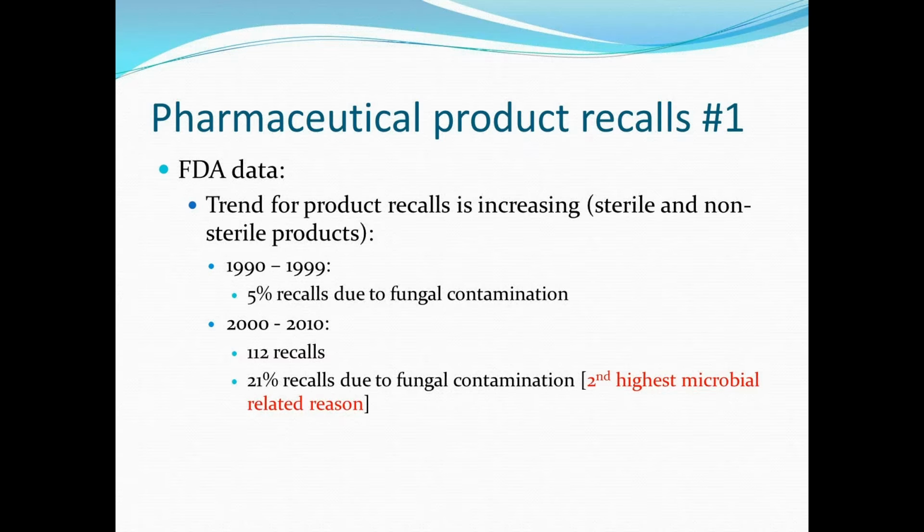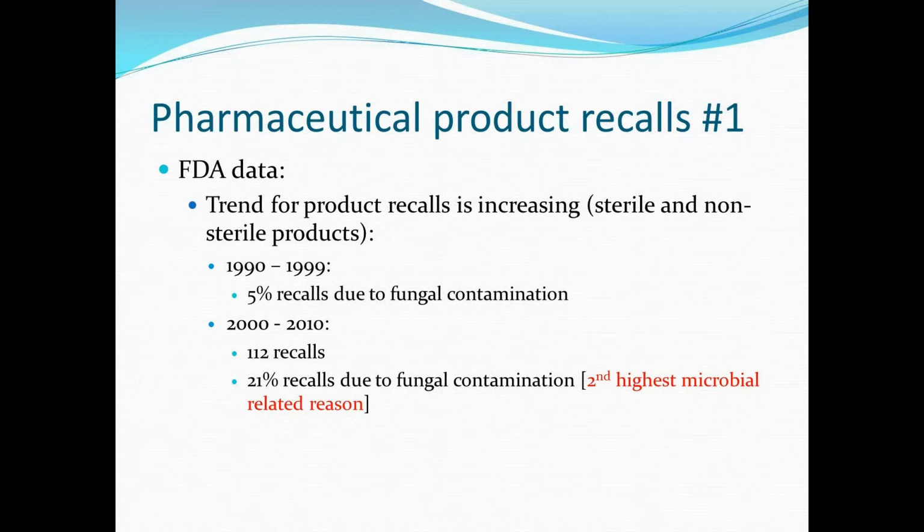So the data that's captured is looking at a 20-year period, and that's divided up into two sections. First section is looking at 1990 to 1999, and the next section is looking at from the year 2000 up to 2010. And what this data is telling us is that the number of recalls has increased in general due to microbial contamination.